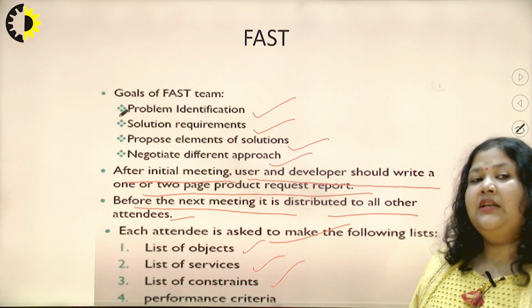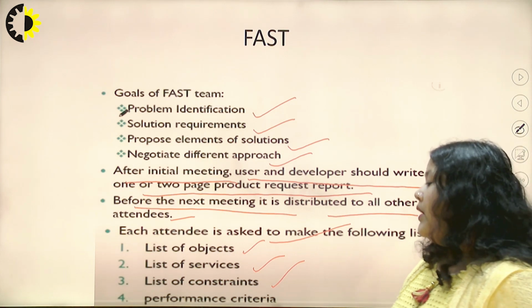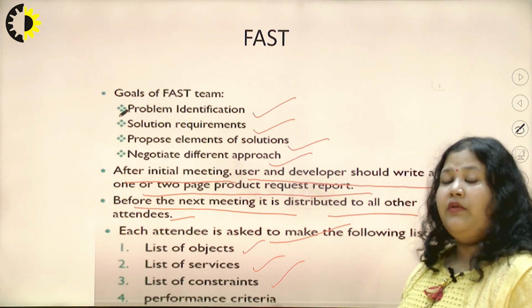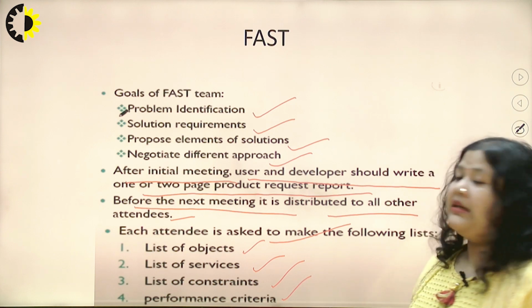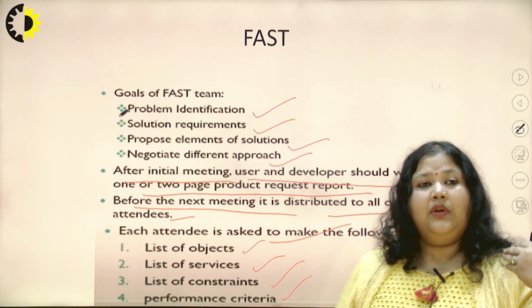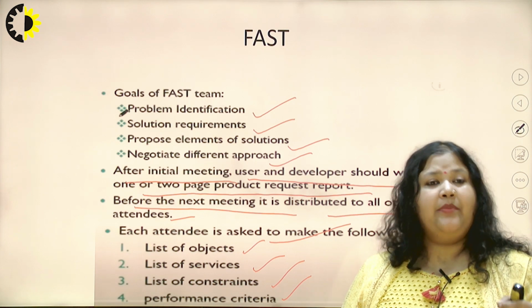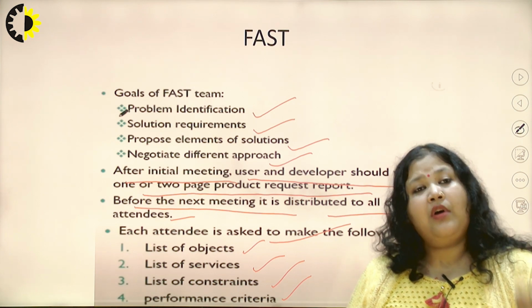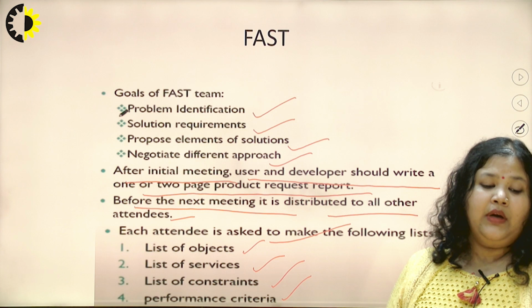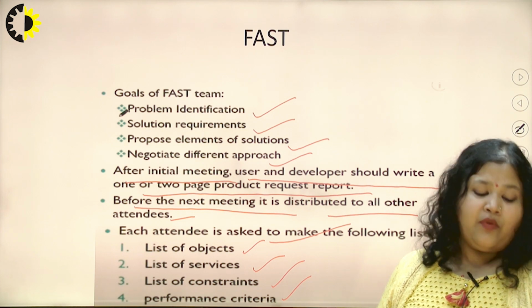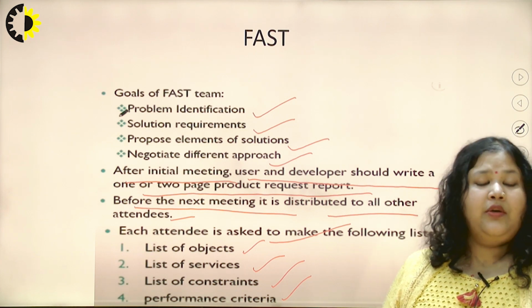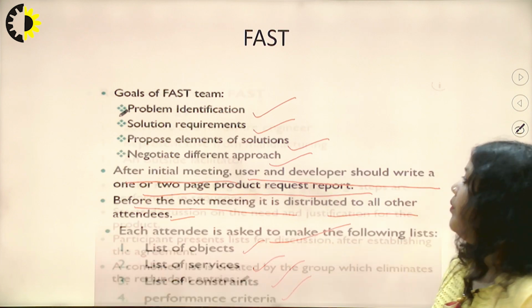We have to discuss those constraints for defining the rules of that problem, and the performance criteria: how we have to increase performance and how we have to resolve the problem, improving performance through the solution of that particular problem.